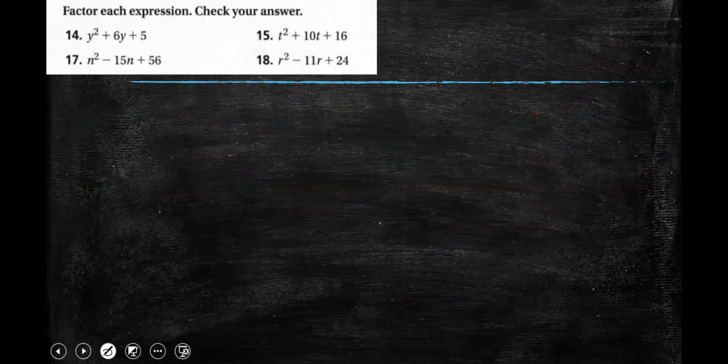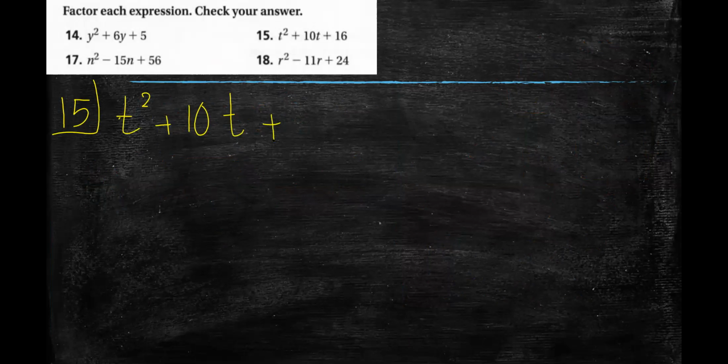Now, number 15. t squared plus 10t plus 16. The first step, I will open two brackets, as we said before. Then I will look, what is my variable here? It is t.